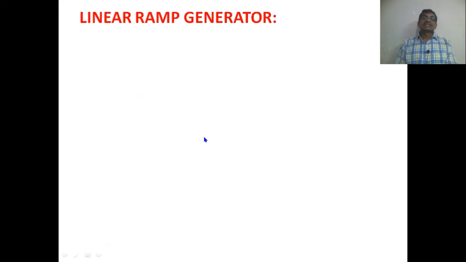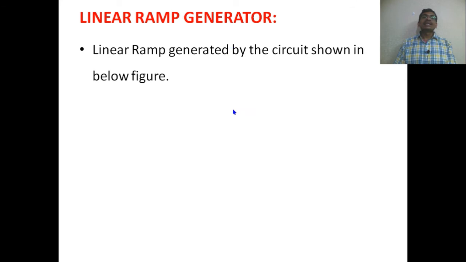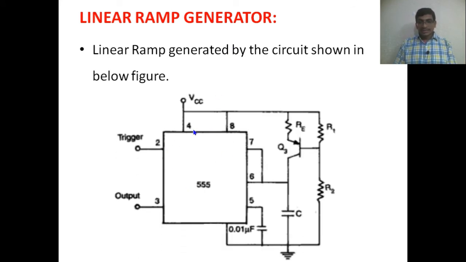Next application is a linear ramp generator. Linear ramp generated by the circuit shown in the below figure. So this is the 555 IC linear ramp generator. Here the only change is that the resistor which is connected between VCC and the capacitor has been replaced with a constant current source.